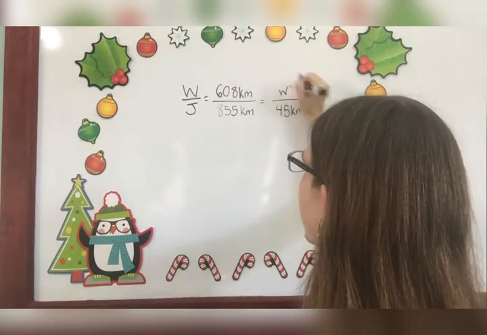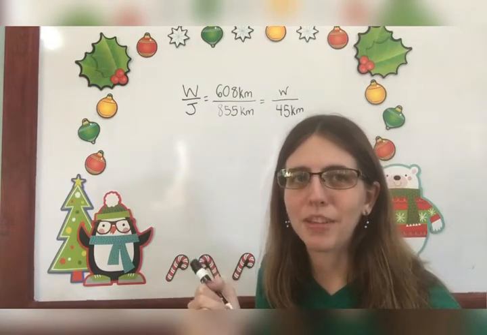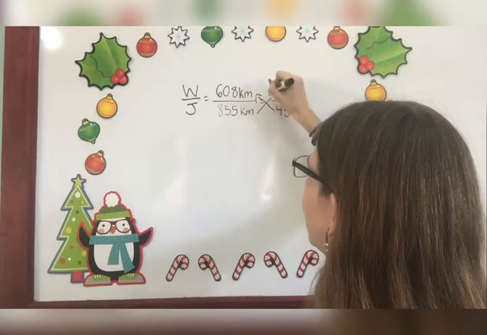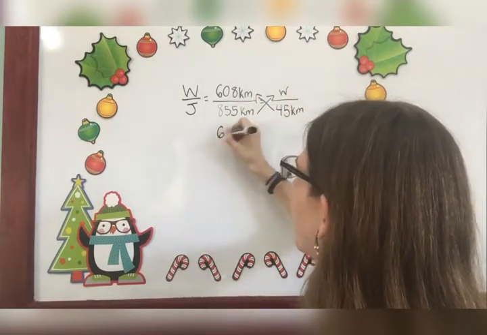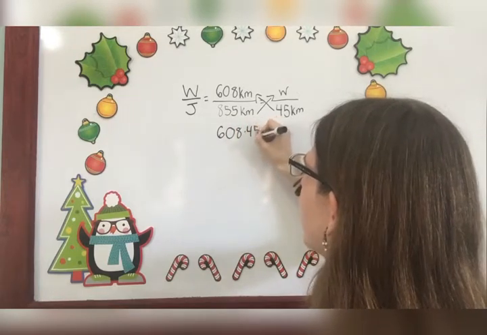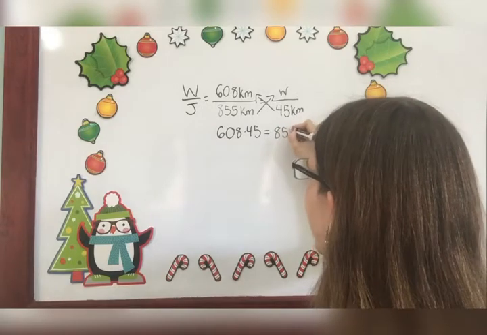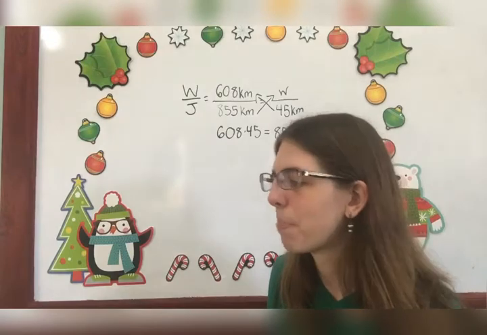I want to know how many he walked. So remember, we just learned about these ratios. To solve this, we multiply in the shape of an X. So I have 608 times 45. We can drop our units because we know they're going to cancel out. And 855 times W.